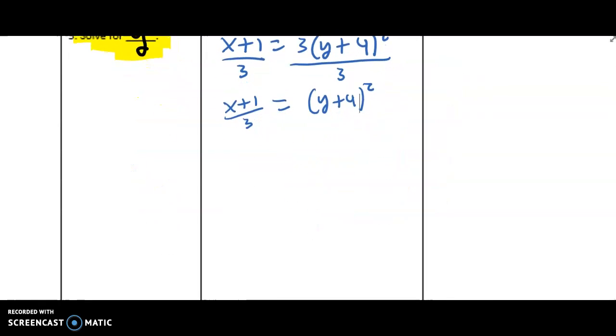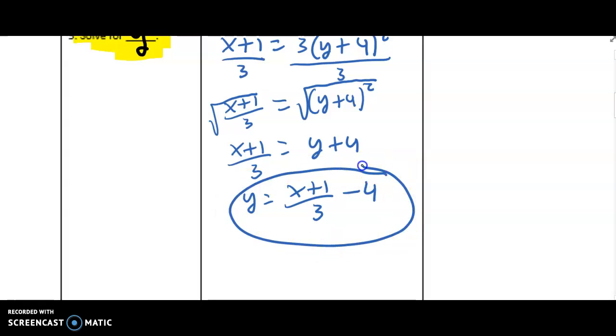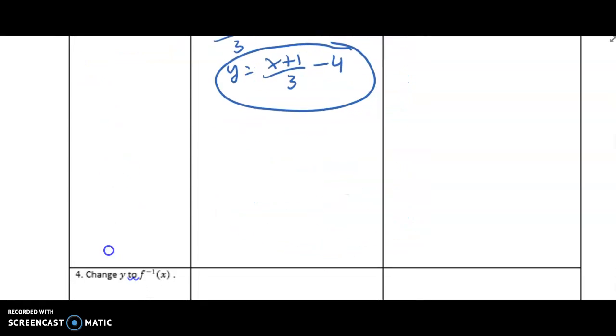So I'm going to take the square root of each side to get rid of that square. So I've got, and the last thing we'll do is take away the 4. Great, and this is our inverse function.